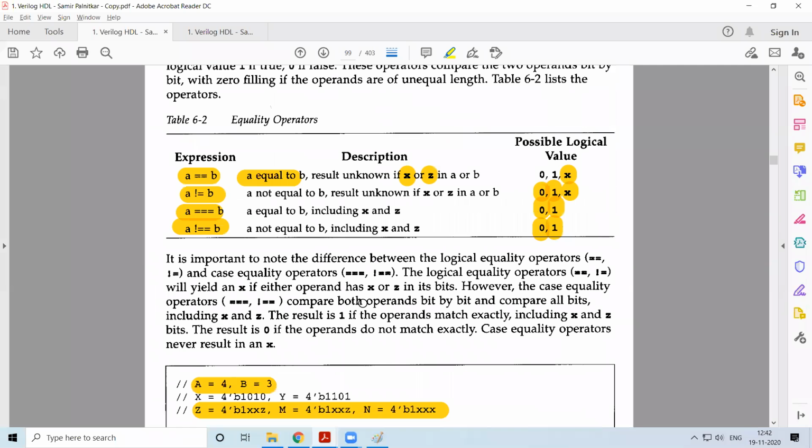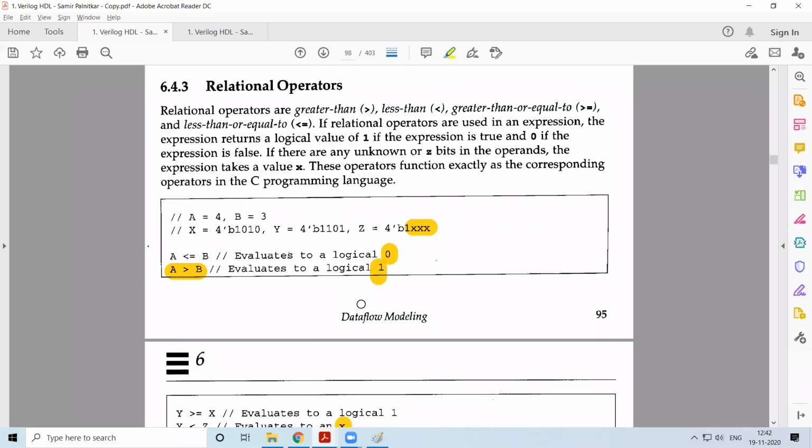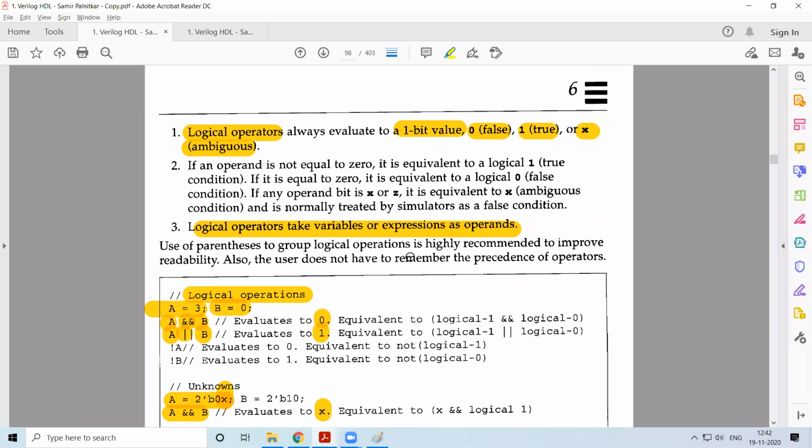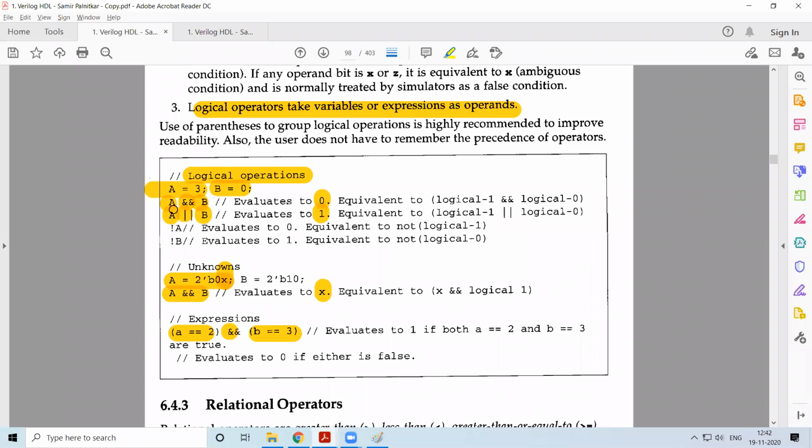So here we had a logic operation, right? Here we can see it is A and B. This is logical ANDing. A is a non-zero value, therefore it acts as a logical 1. B is a 0 value, so it acts as a logical 0. So 1 ANDed with 0 is what?